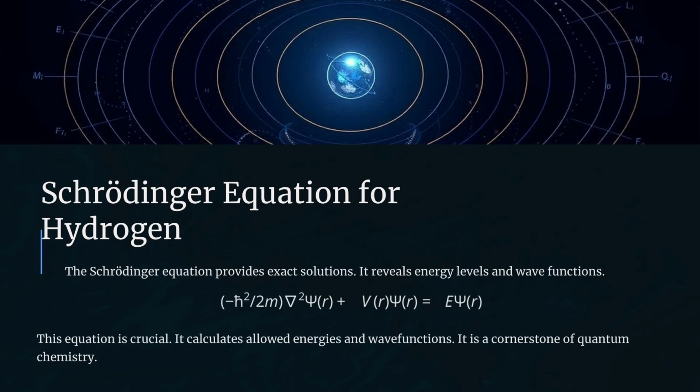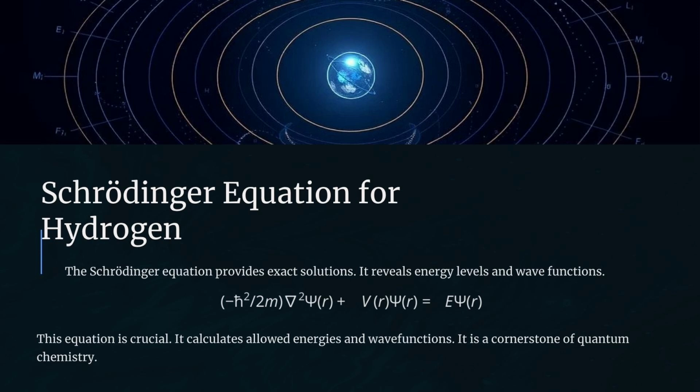This equation might seem complex, and it is mathematically sophisticated, but fundamentally, it describes the electron's behavior in terms of probability. The solution represents the wave function, which gives the probability of finding the electron at a specific location, which is the r around the nucleus. The Schrödinger equation is crucial because it accurately calculates all allowed energies and wave functions for the hydrogen atom.